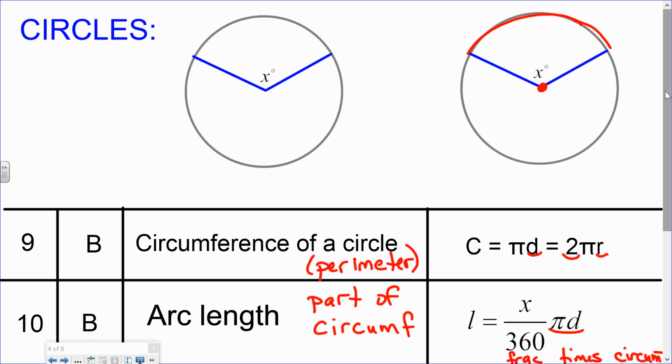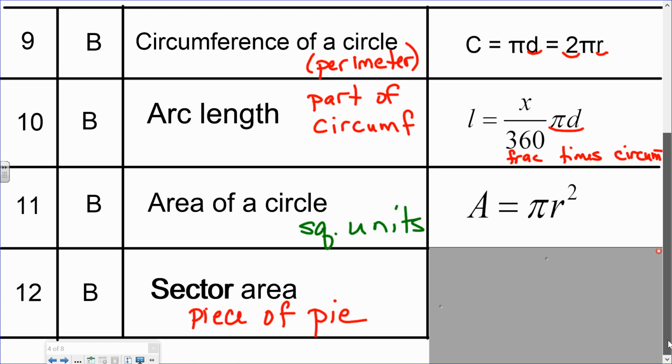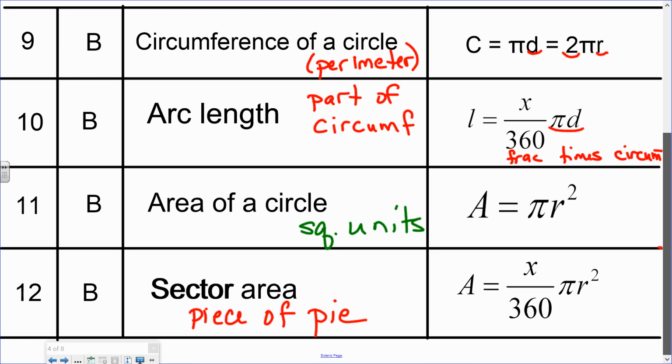So if I wanted just this piece of pie with that x degrees there, and I wanted to know how many little squares to fill that in, I would be talking about part of the whole area, a fraction of the whole area. So just like we did with arc length, that formula needs to be fraction times the whole area.